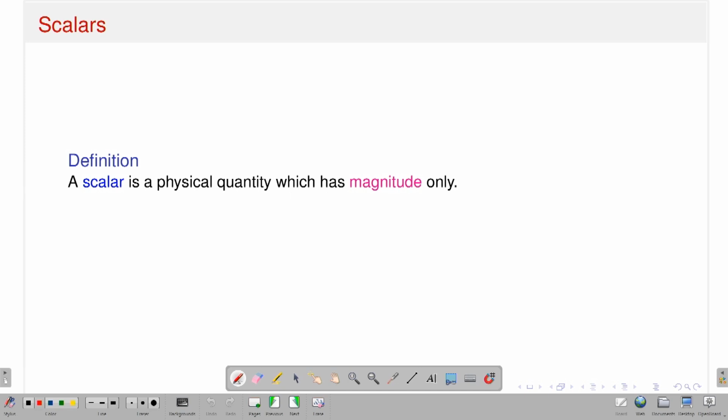Next we will move to defining the concept of scalars. A scalar is a physical quantity which has magnitude only. As I said, the price of the pencil is rupees 5, I need a magnitude only, a number only.